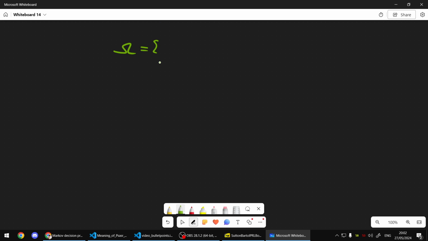Either something is A or not A, and it also may be B or not B. So in this case, let's say the first event is A is true, B is true. Again, I will use a tilde to negate.